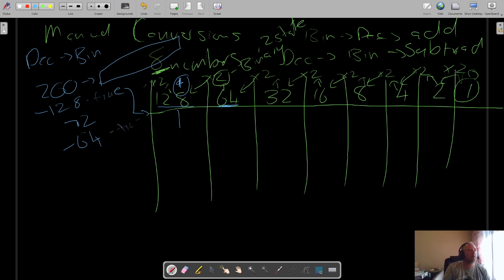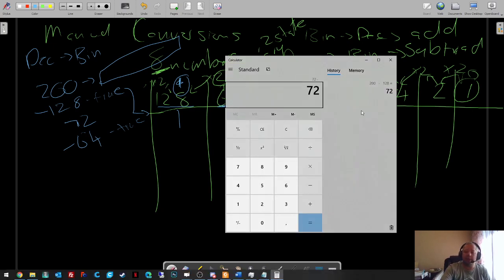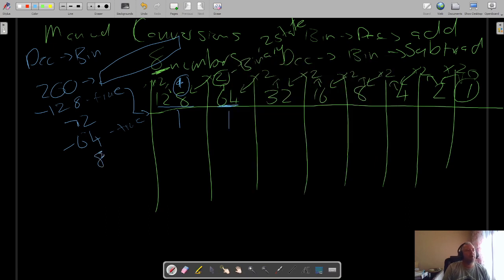And again, because it's true, I put a 1 and I do the maths. 72 minus 64 gives us an answer of 8. Then I go to the next number. Can I subtract 32 from 8? Of course that is false. I can't do that, and because it's false, we replace that with a 0.